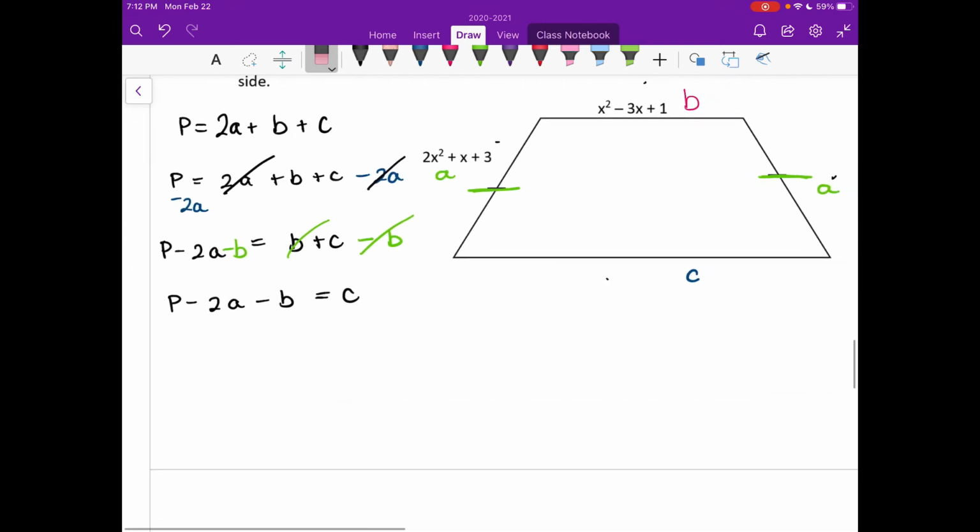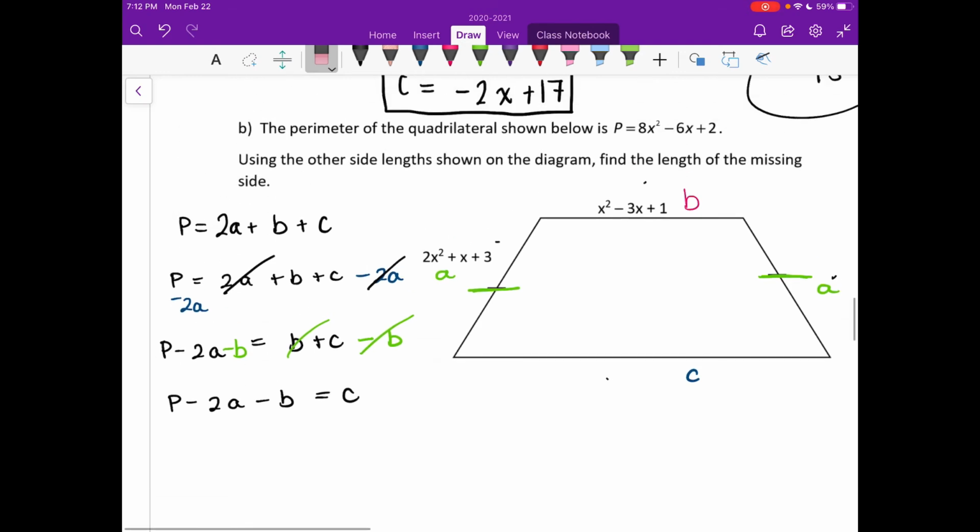Okay, so now we're just going to plug in what values we have. We have the value for P, which was given to us. It's up here, and I'm going to do that in the black marker as well.